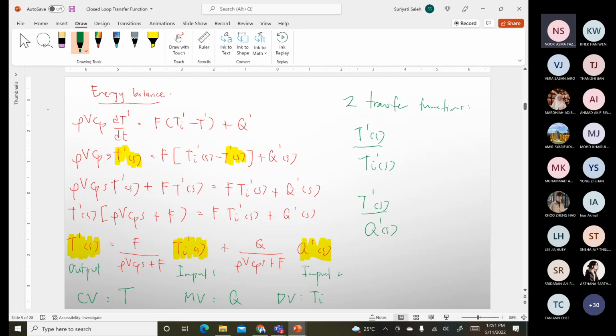So here the Q gives more influence, or more effect, to the temperature. That's why we select the Q as our manipulated variable. So when we have it like this, our GP definition is CV over MV. The GD definition is CV over DV.